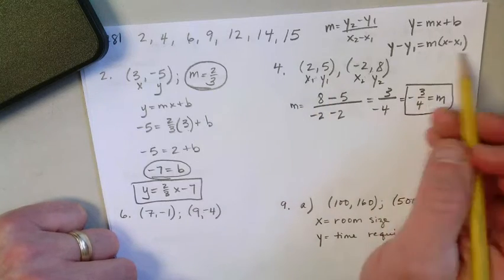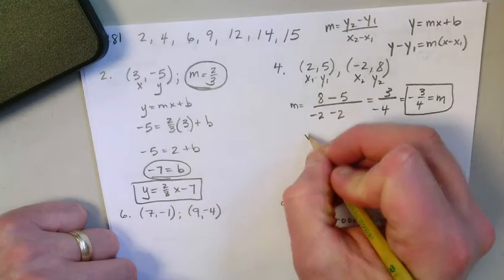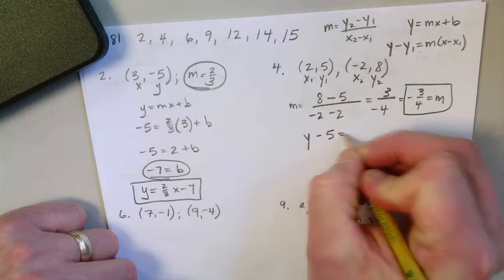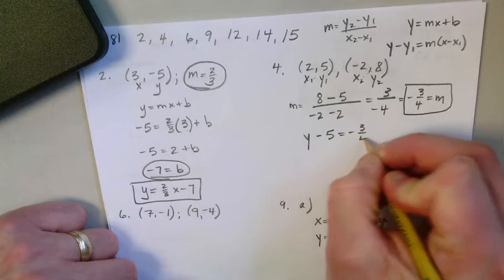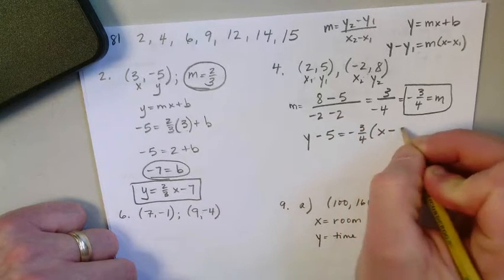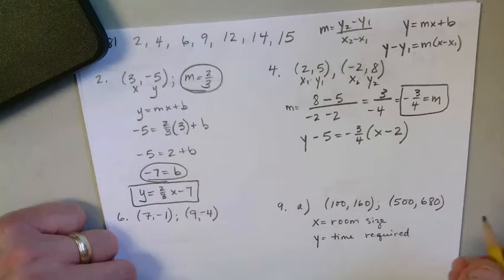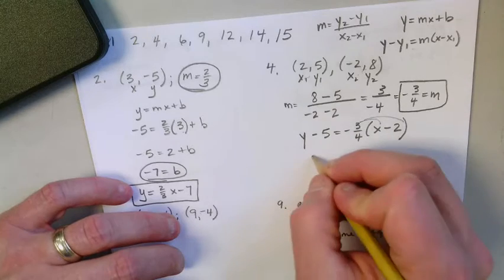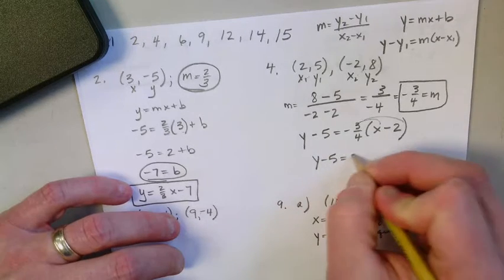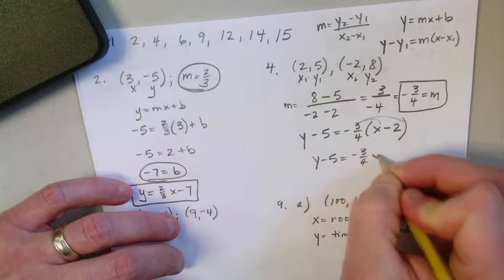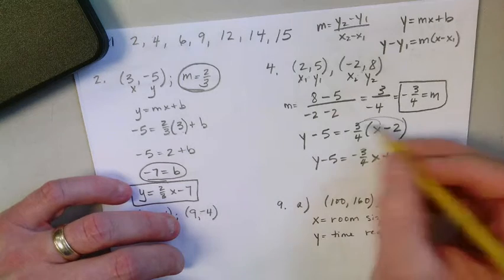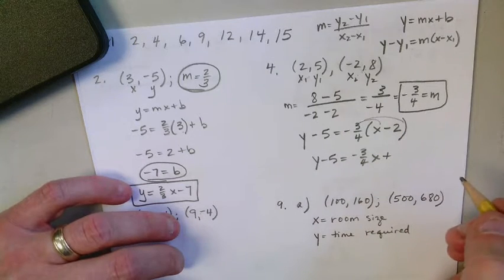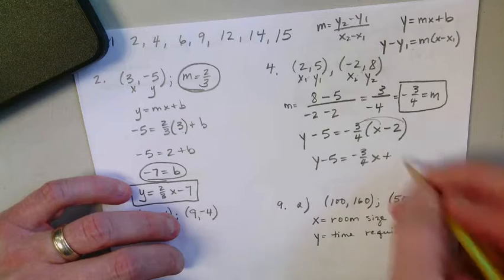I'm going to use the point-slope form this time. So y minus the y value equals the slope times x minus the x value, okay? Now I'm going to distribute this into the parentheses. So y minus 5 equals -3/4 x plus 6/4, which would end up being 1.5, right?